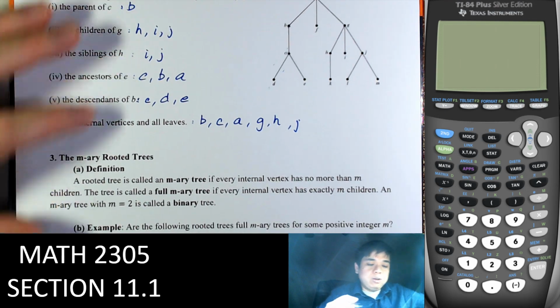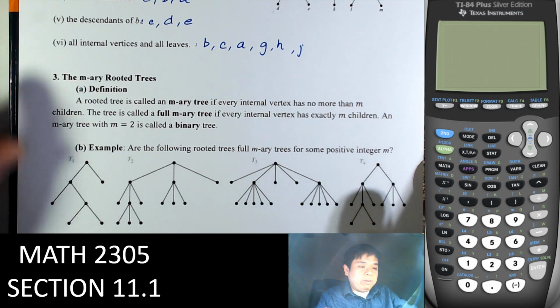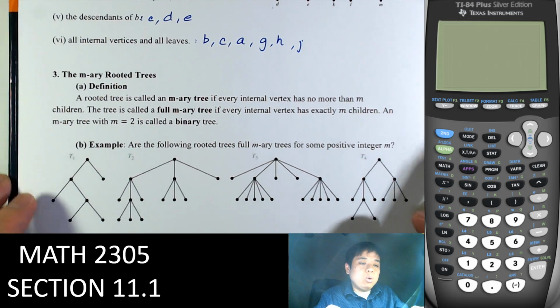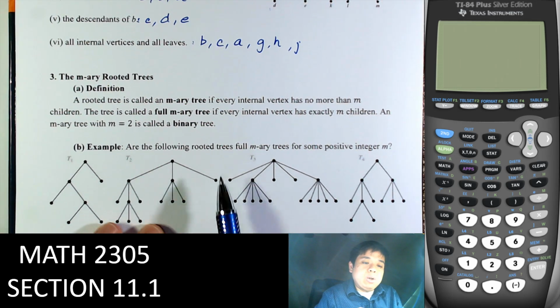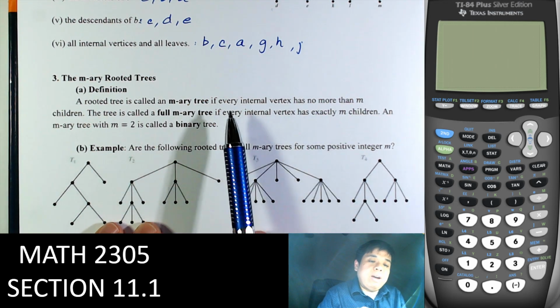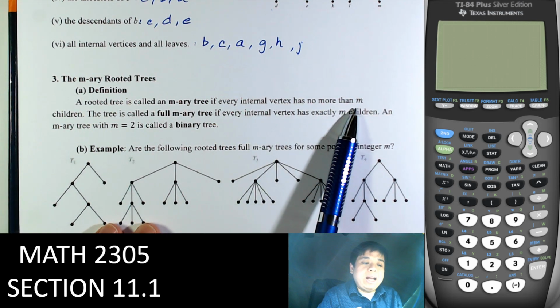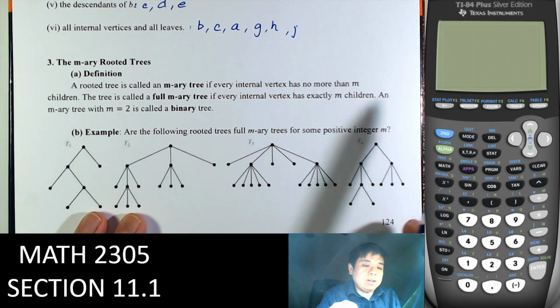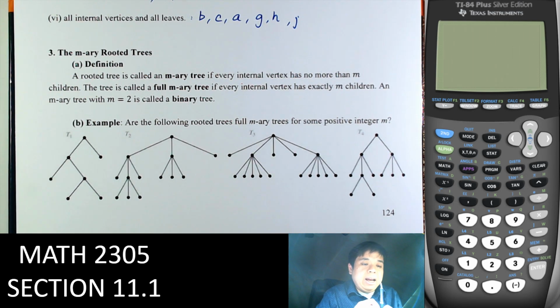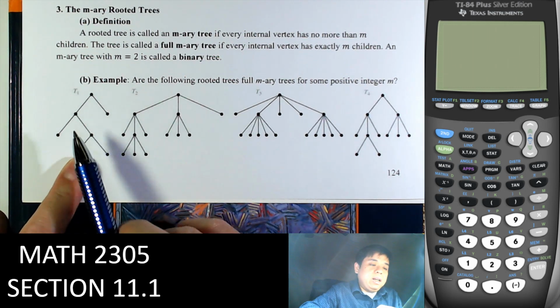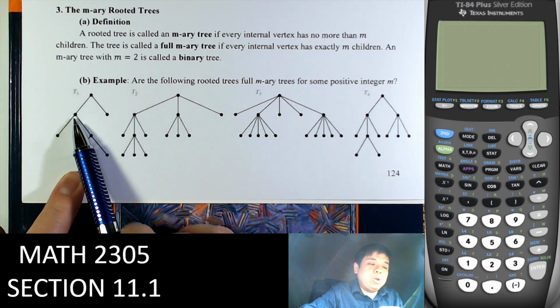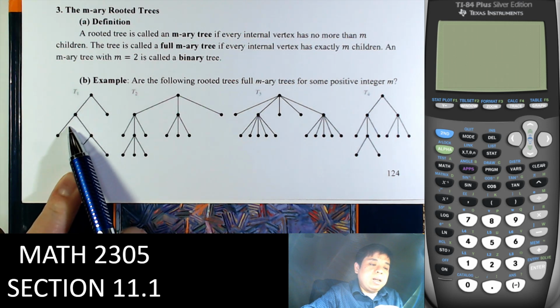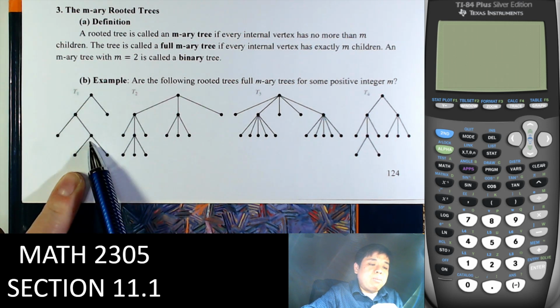Right, so that's all. Next we define an m-ary rooted tree, if every internal vertex has no more than m children, where m is a number. For example, this tree is a 2-ary tree because every internal vertex has at most 2 children.